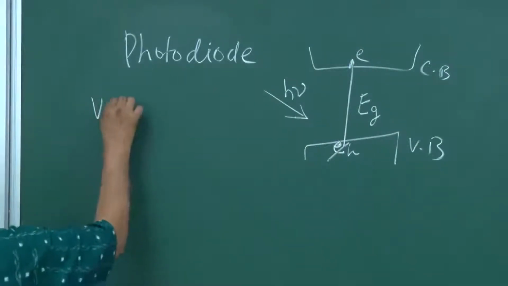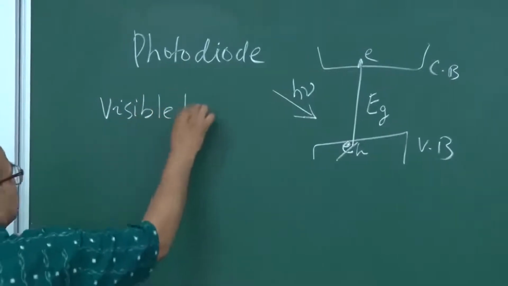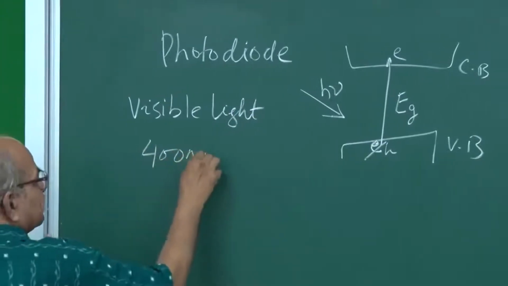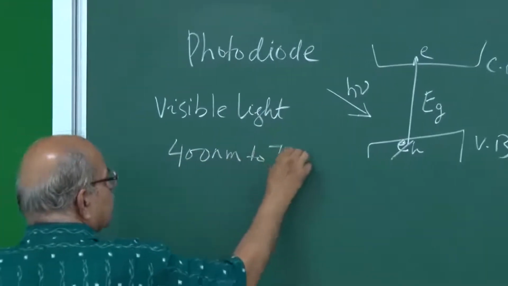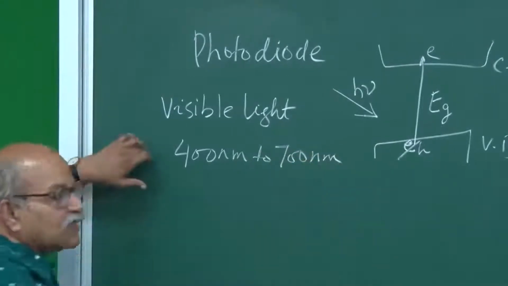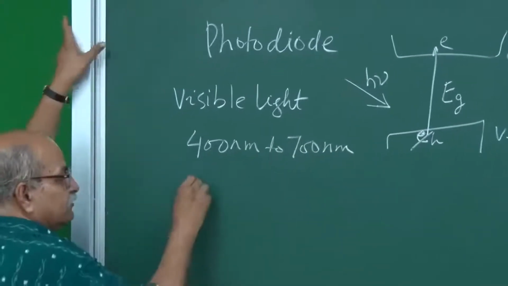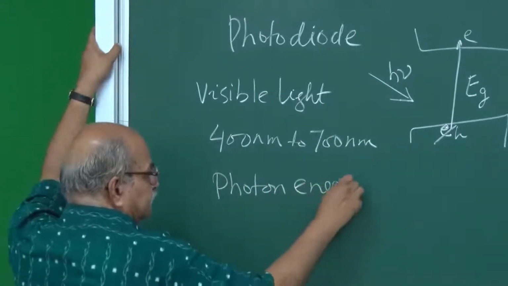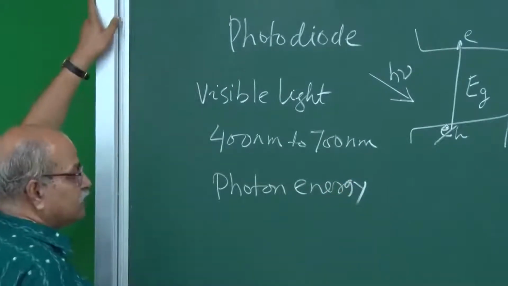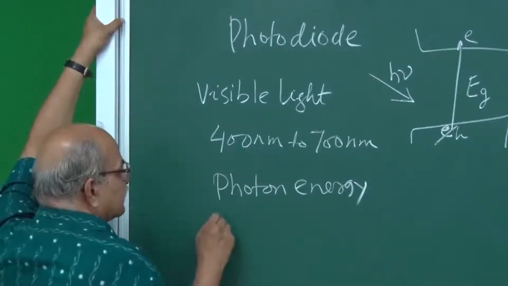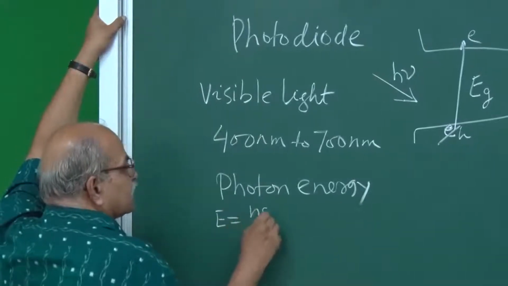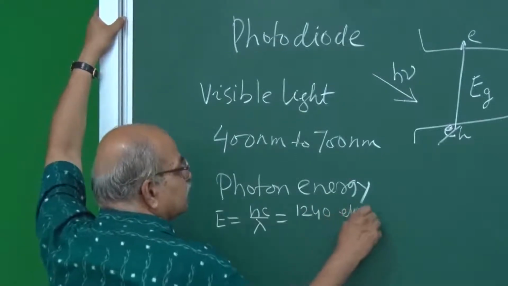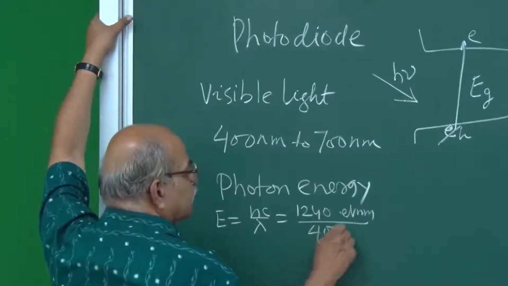So, visible light, let us say it is 400 nanometer to 700 nanometer. You can calculate the photon energy corresponding to these. This energy will be hc over lambda, 1240 eV nm over say 400 nm.